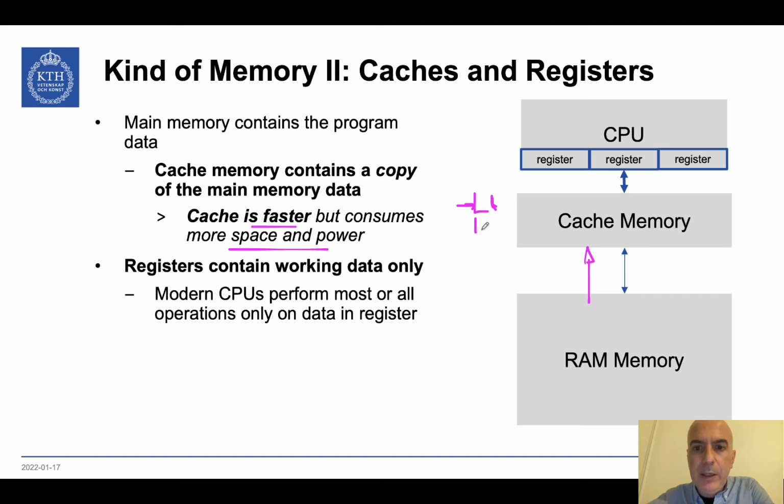We have the L2 cache, which is typically larger but also slower, and in many systems we also have L3, level 3 cache, also called LLC, which stands for last level cache. So these are memories on the processor that are very fast.